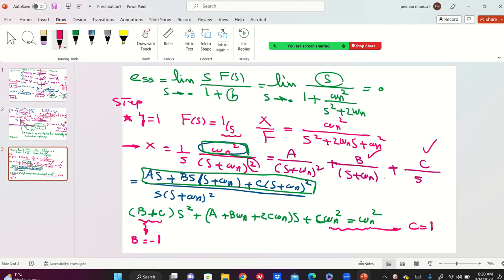Bingo. And if you implement all here, you get A equals to minus omega n plus omega n.